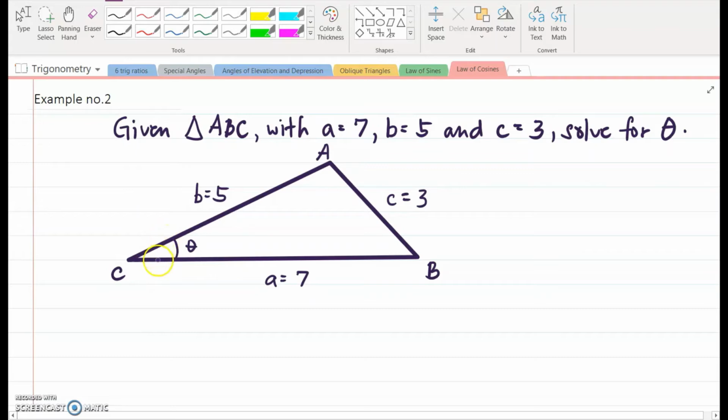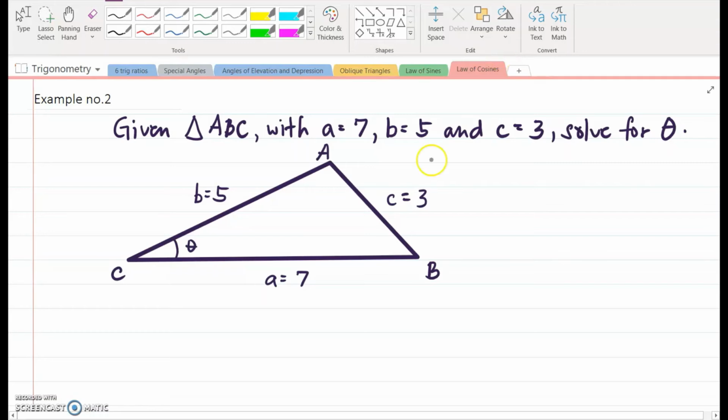So since the missing angle, or the angle we are looking for, is angle C, we're going to use the alternate form of the equation since all the sides are given. But take note that the opposite side of this angle is this one, c, which is equal to 3.